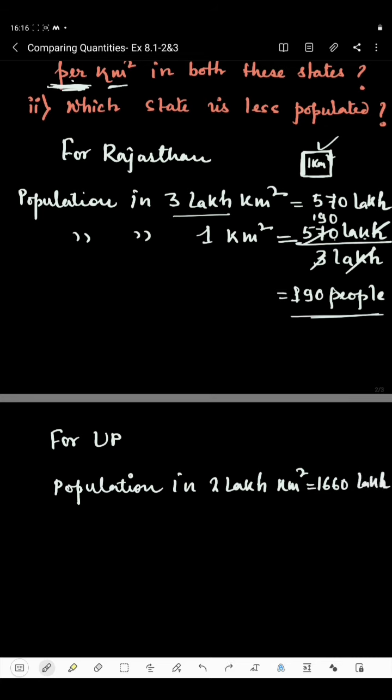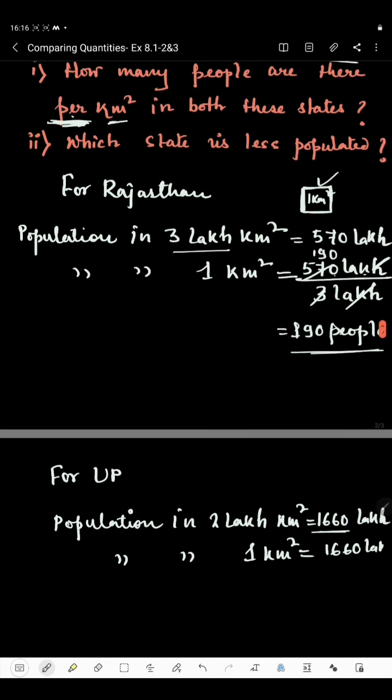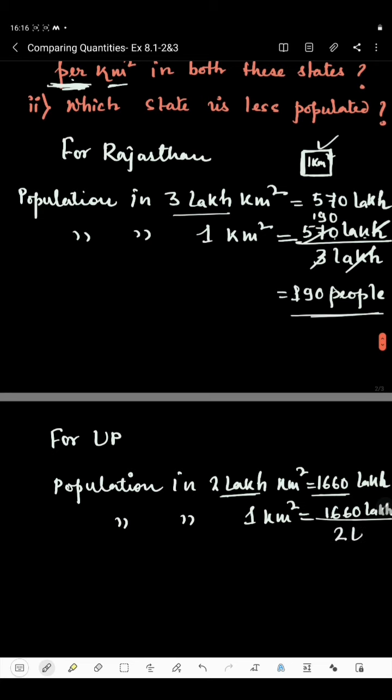We have to find the population in 1 kilometer square, so 2 lakh should be in the denominator, because since we are finding for 1, it's division, so the one on the left comes to the denominator and the one on the right comes to the numerator. So it's 1660 lakh over 2 lakh.